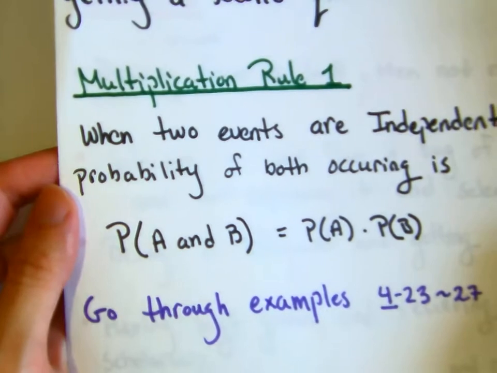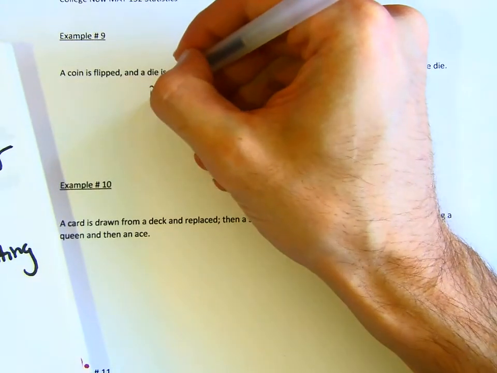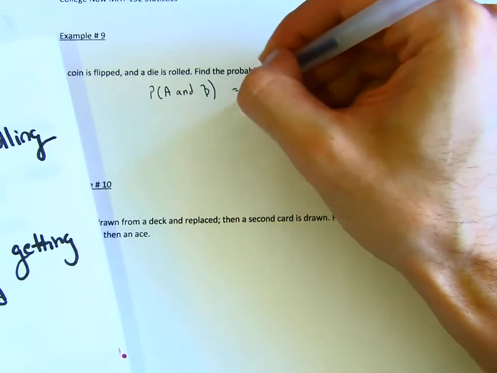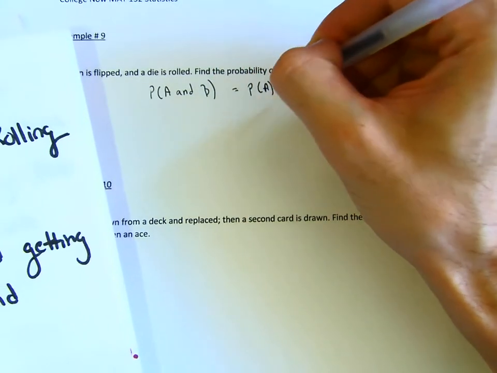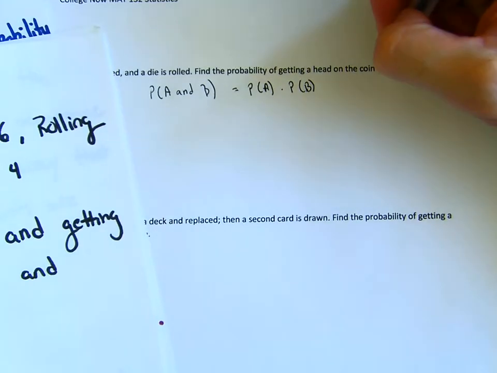Notice that we could use this multiplication rule: the probability of A and B is equal to the probability of A times the probability of B. We have that keyword "and" over here.